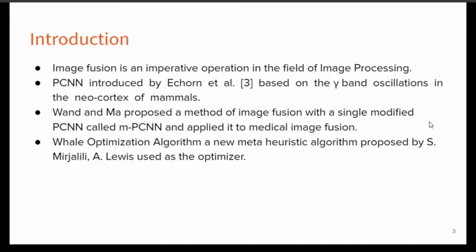The approximation of m-PCNN parameters suited to the task of medical image fusion has been readily identified as an optimization problem. To this effect, we propose the use of WOA-PCNN, where the modified PCNN is optimized using the Whale Optimization Algorithm and employed to the task of image fusion.